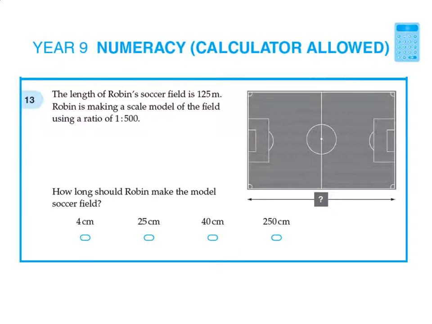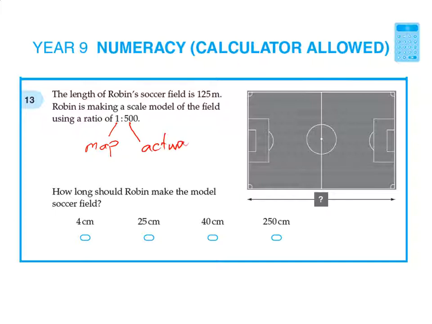The length of Robin's soccer field is 125 meters. Robin is making a scale model of the field using the ratio of 1 to 500. Now 1 to 500 means this is the map, and this is the actual scale.